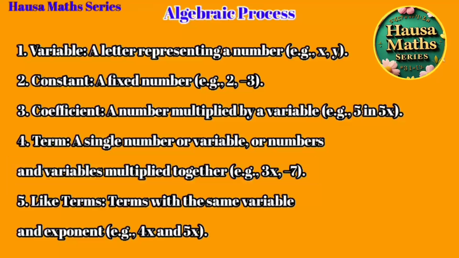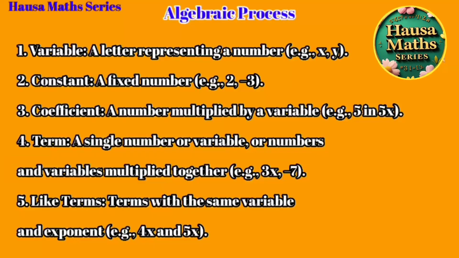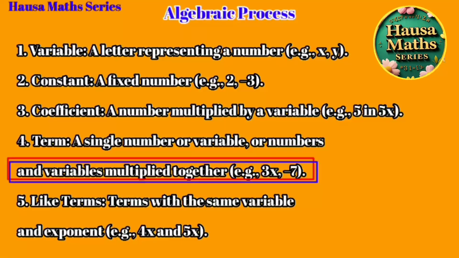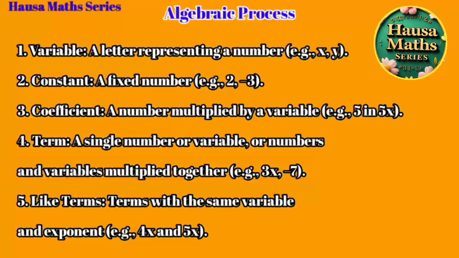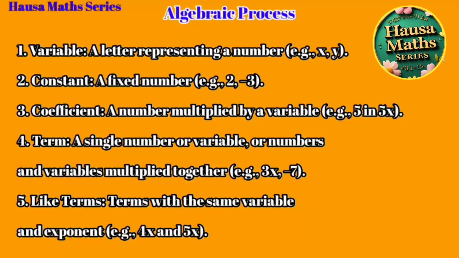As an example, 3x minus 7. This 3x and minus 7 are different terms. The 3 is attached to x because it happens 3 times: x plus x plus x means 3x. And this minus 7 is one single term that stands on itself. So this is a form of terms.